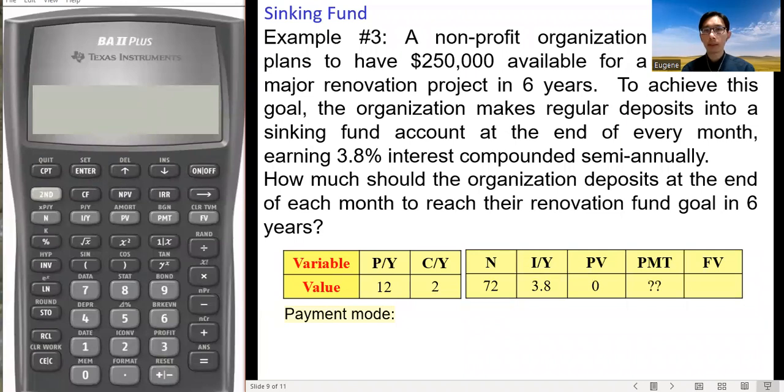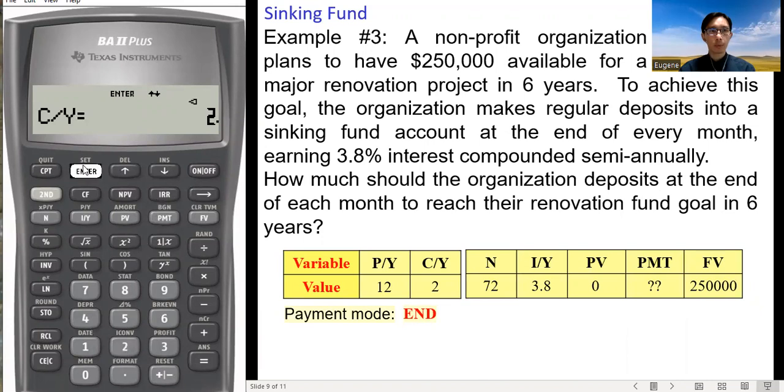PMT, we need to compute it. And then we get the FV, 250,000. The payment mode is N. Let's get the payment amount. The frequencies. PY is 12.